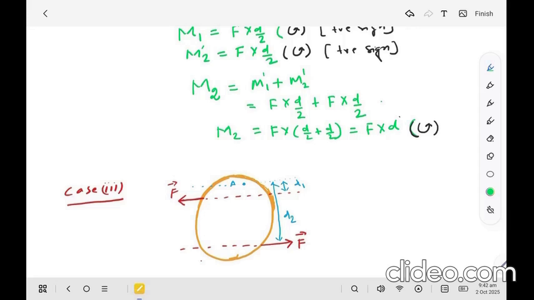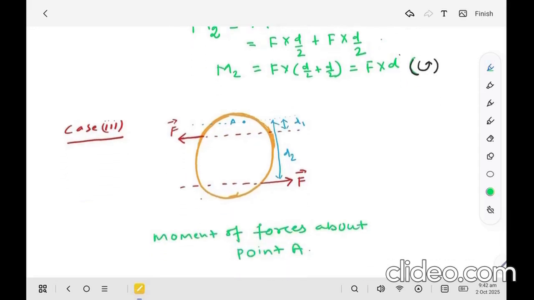Now I consider case number 3. Again the same object, the same couple of forces.